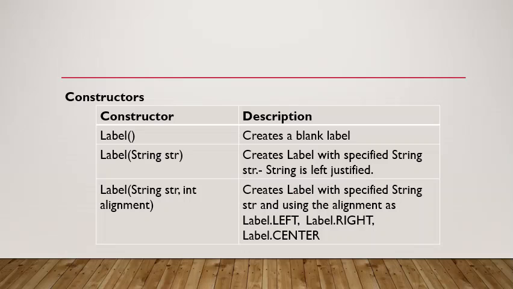Here we are not writing any integer number as such, but we may write Label.LEFT or Label.RIGHT, or Label.CENTER. One of these we can write as the second parameter for alignment, and values like Label.LEFT, Label.RIGHT, Label.CENTER return an integer number. That's why the type of the second parameter is integer.